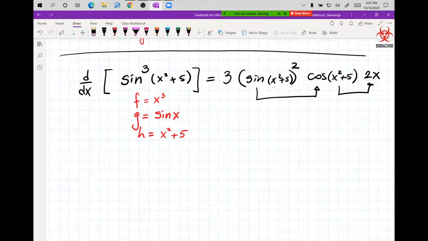Now you can make this look a little bit prettier, right? By putting a 6x in front and then writing your sine squared x squared plus 5 times cosine x squared plus 5. And that compresses the answer a little bit. This is in factored form.